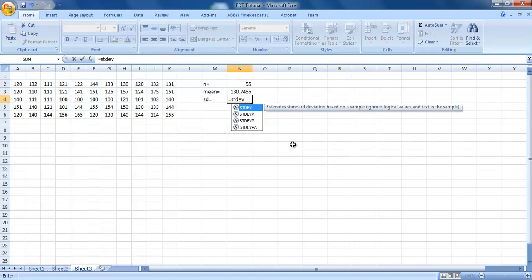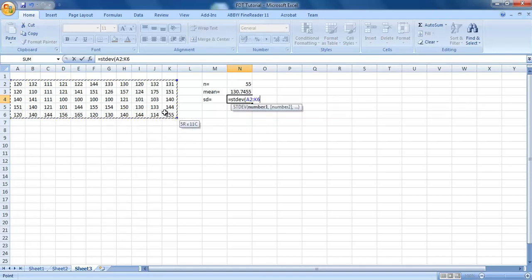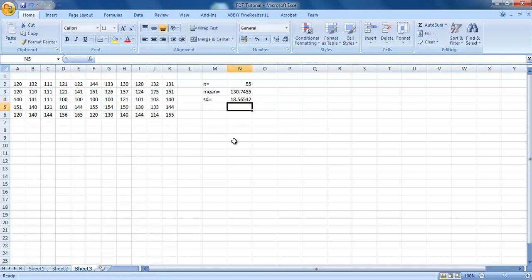Now, you will notice that you have STDEV.A, another formula, STDEV.P, STDEV.PA. So, to calculate the standard deviation of the sample, we simply use the first version of the formula, STDEV. And let us highlight the range, close parenthesis, and then enter.